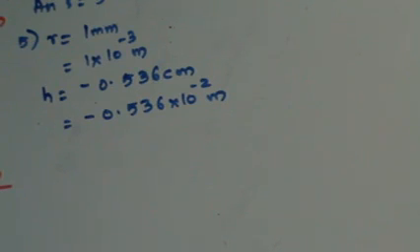Find the angle of contact below the level of mercury in the reservoir.